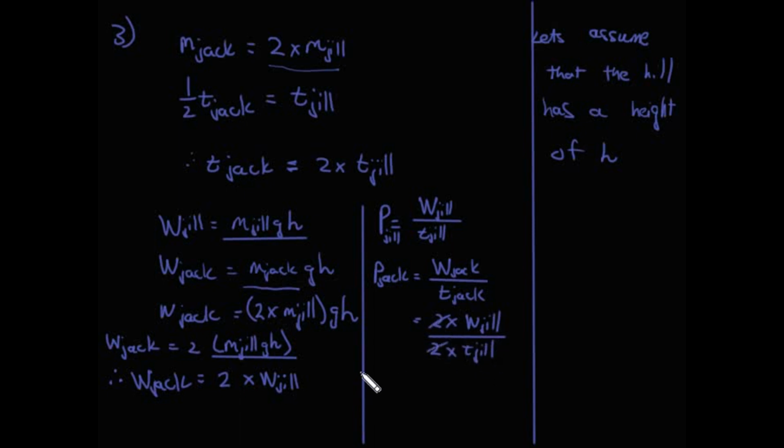The 2's are going to cancel out, so P of Jack is equal to W Jill, Jill's work, all over her time. This means P of Jack is therefore equal to the power of Jill. So the power outputs are the same.